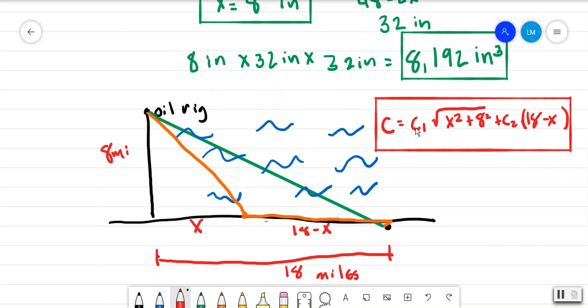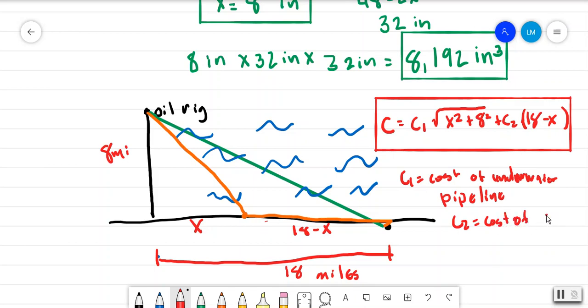If we have the respective costs, I'll have to put somewhere here that C1 is the cost of the underwater pipeline, and that C2 is the cost of the onshore pipeline.